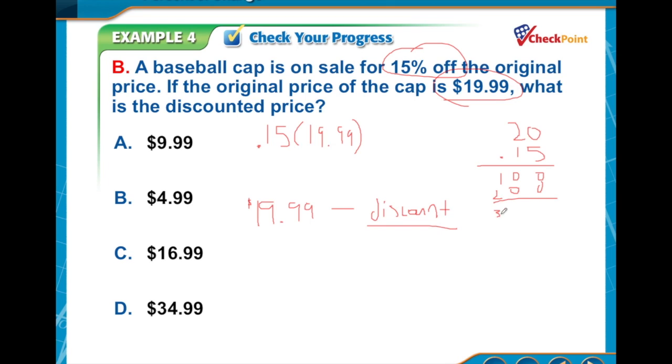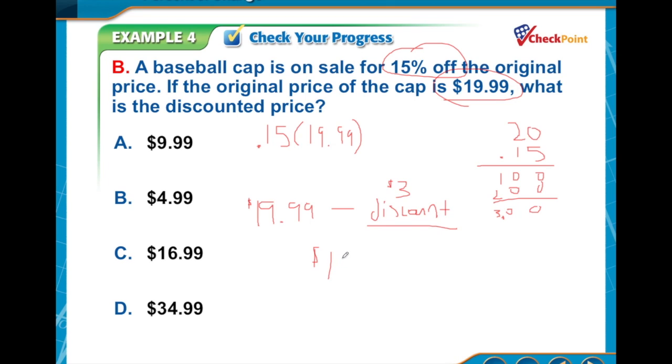This is 300, but we got 2 decimals, so this is just 3. So 15% of 20 would be $3 as a discount. So this is going to be a shade under $3 as a discount. So 20 bucks, take away $3, would be $17.